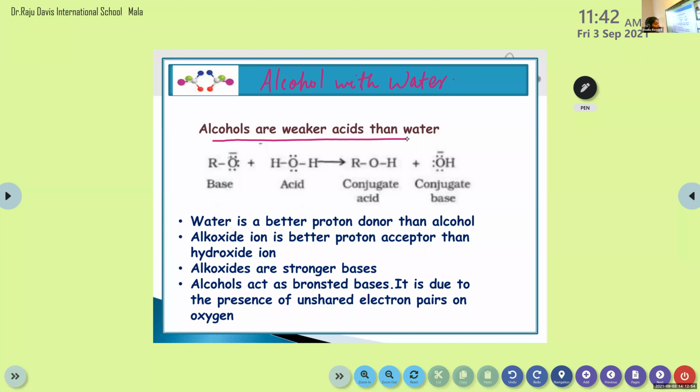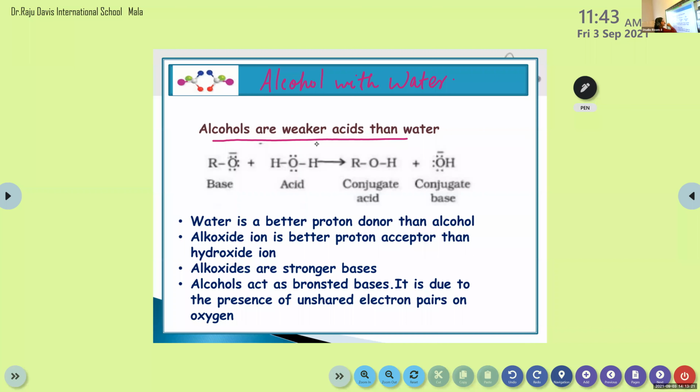Clear? In the previous section, we learned that alcohols and phenols are acidic in nature. They will donate H plus ions. That's why they are known as Bronsted acids. But when they react with water, they become weaker acids. Weaker acids mean they will act as a base compared to water. So in this reaction, you can see here, the acid is water, right?